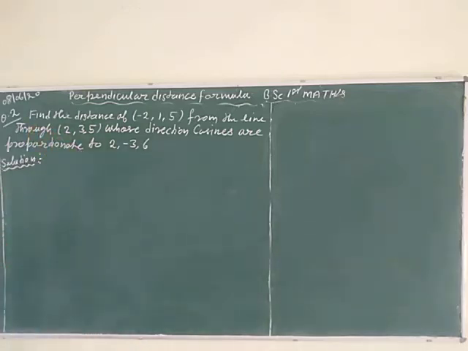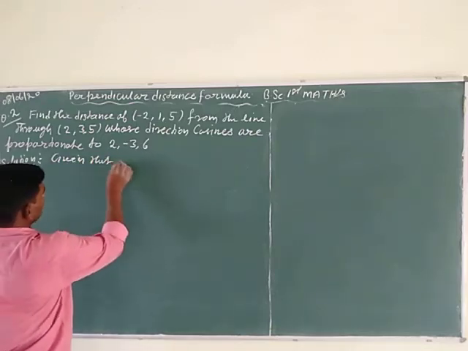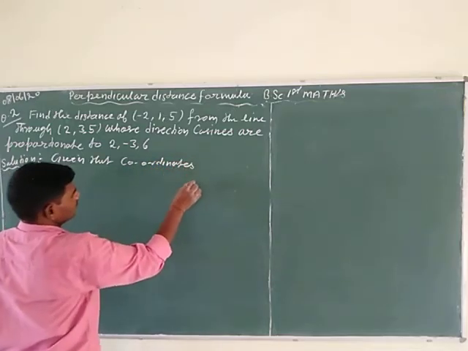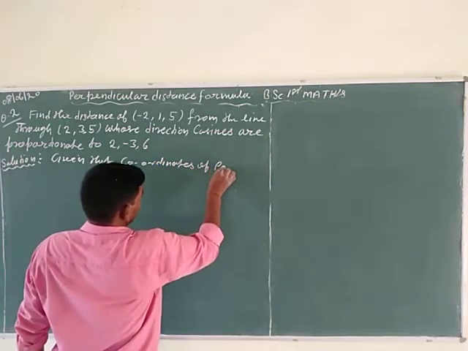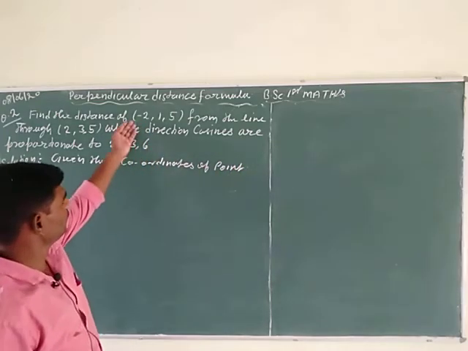So in this way we can write: given that the coordinates of the first point, here write any name for the given point.